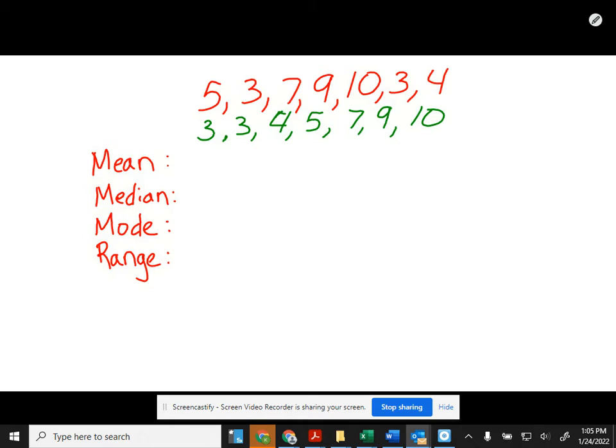We round it to? Rounded to the hundredths place.